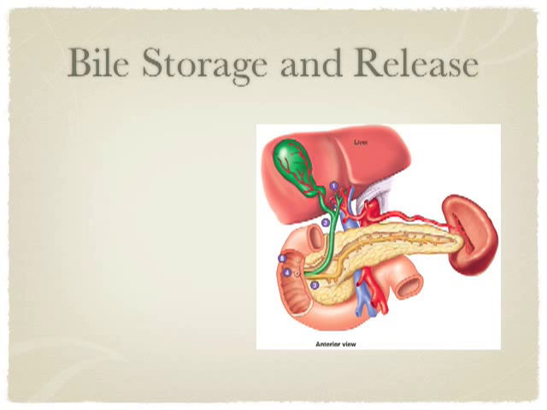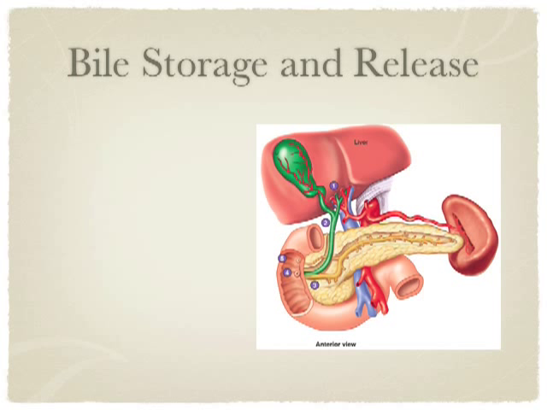And let's just describe the last thing we want to do here in this first digestive lecture, and that is bile storage and release. There are two hepatic ducts that are bringing that bile from the liver.